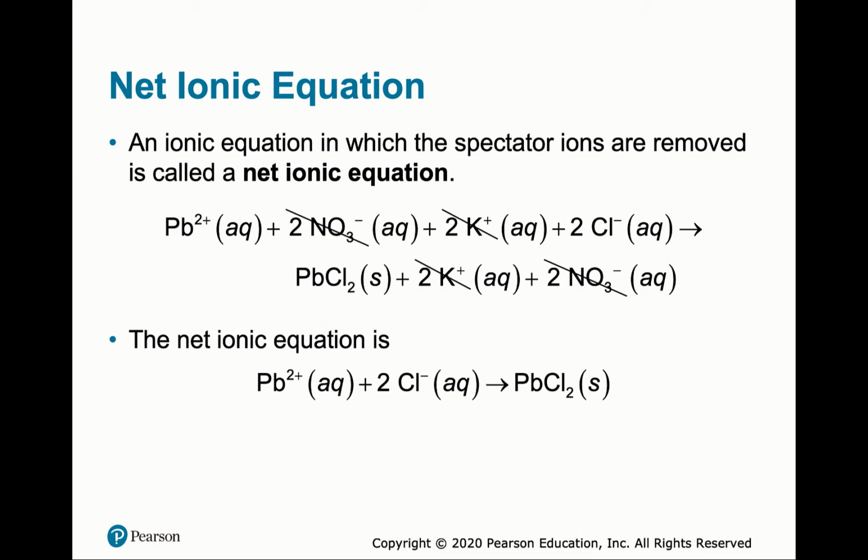So we can cross them out, and then when you do this, you get what's known as the net ionic equation. The net ionic equation. This is the so what. This is the Cliffs Notes or the Spark Notes. This is the Wikipedia article of the book that you want to read, right?